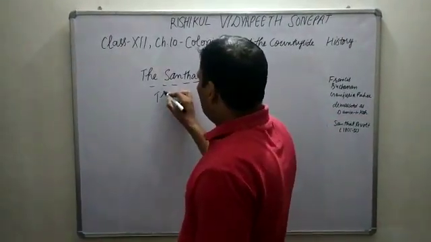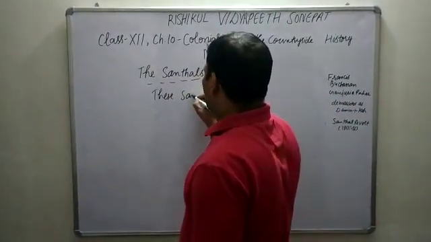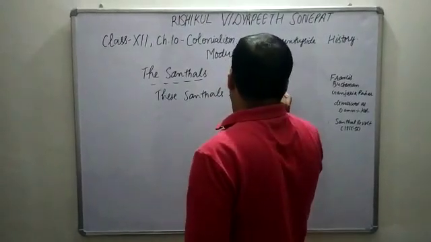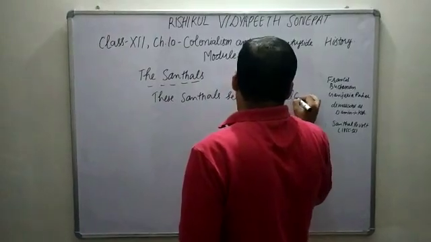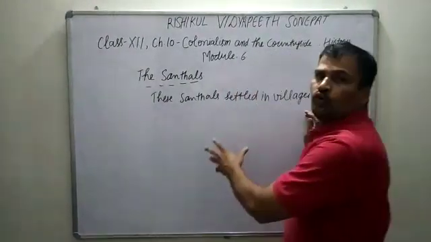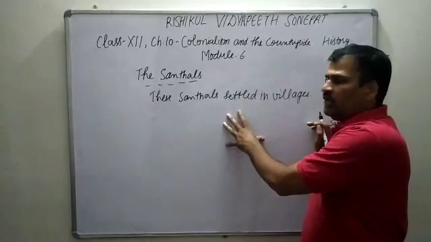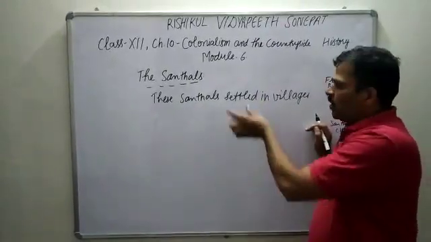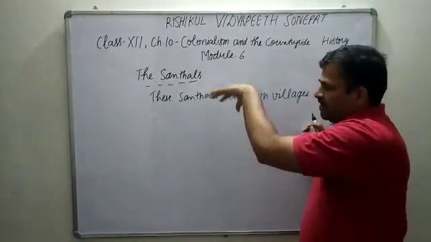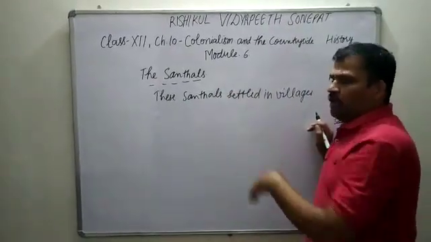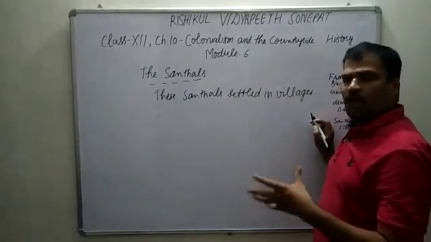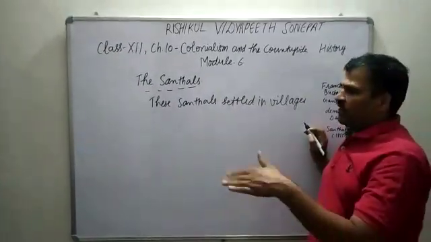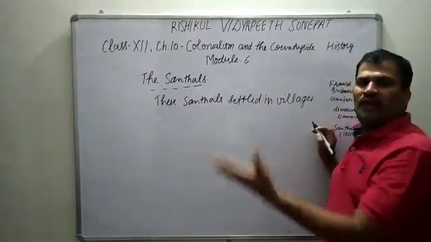These Santhals settled in villages. Earlier they were pastoralists and migrators, moving from one place to another. But when they settled in the area of Ganjuria Pahad, they gradually became a permanent settlement, and they started agriculture and rearing of animals.